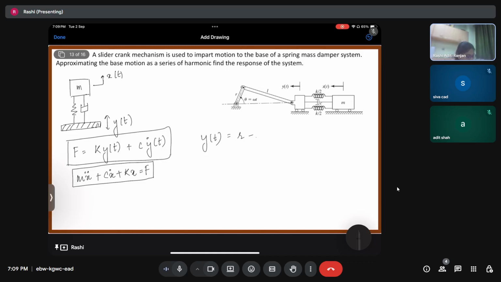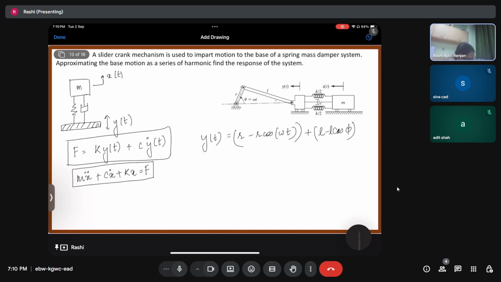r minus r cos of omega t, right? r minus r cos of omega t plus L minus L cos of phi.